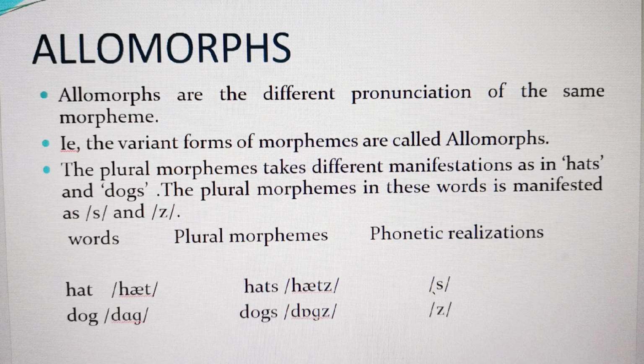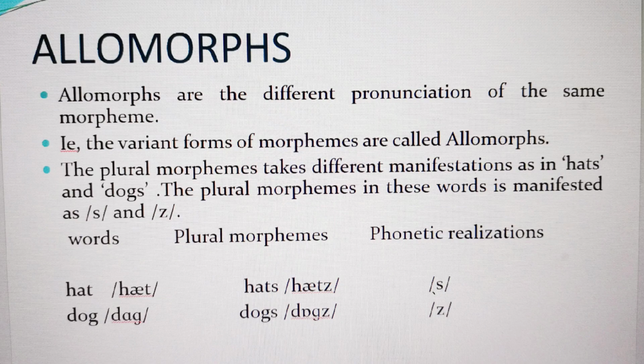The plural morpheme takes different manifestations, as in hats and dogs. The plural morpheme in these words is manifested as s and z. Please look into the examples, hat and dog. At the end portion we can see the phonetic realization s and z for hats and dogs. So these are the allomorphs.